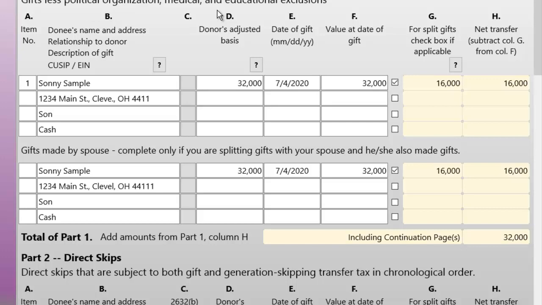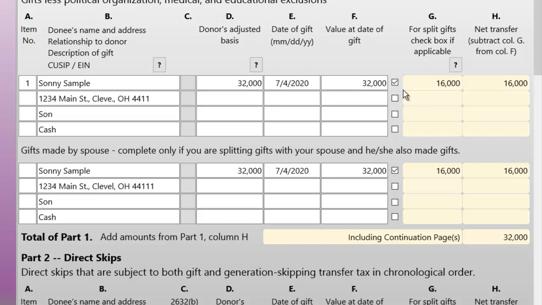In this case, the property that was subject to the gift was actually jointly owned by the spouses. So when they make a $64,000 gift, half of it, $32,000, is being made by the donor here, and the other half that you see in the spouse's section is the spouse's half of the $32,000.